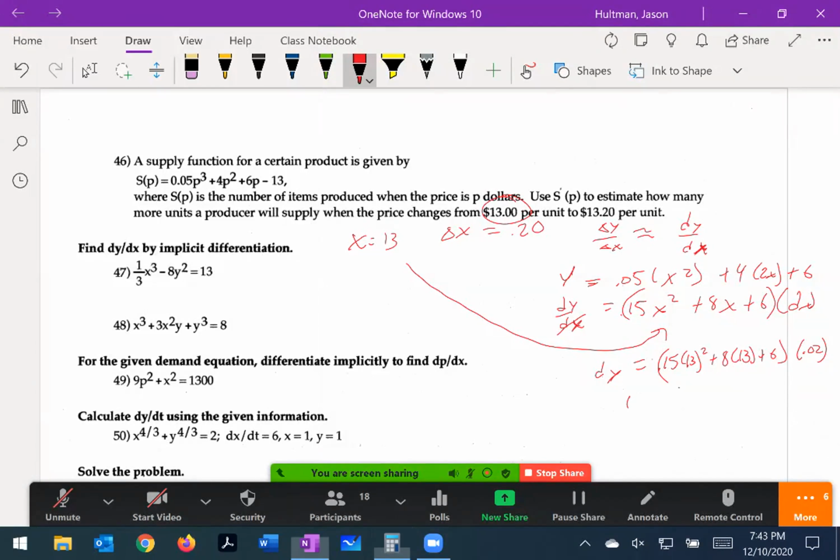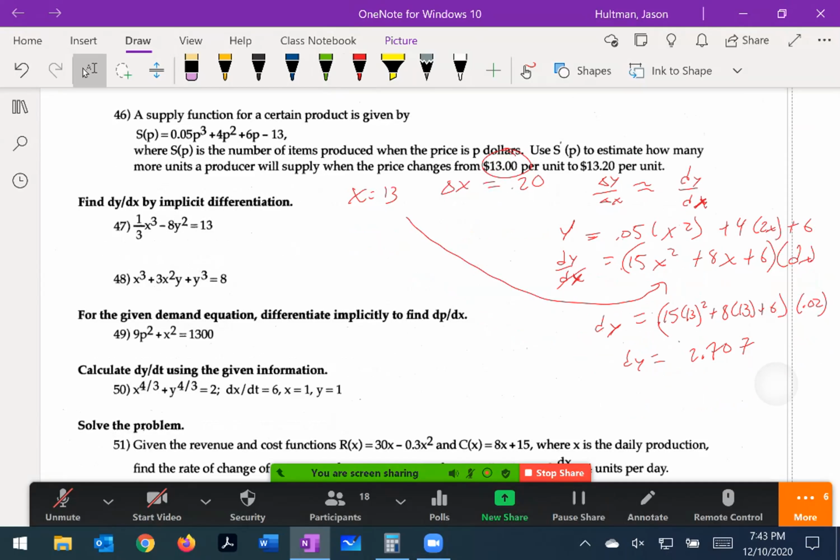So dy is equal to 2.707. Okay, and so what does this mean? Estimate how many more units will they supply? About 2.7 units more. Approximately 2.7 units more if I move from 13 to 13.20.